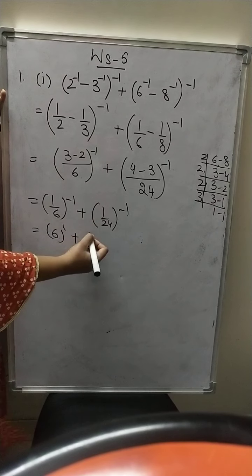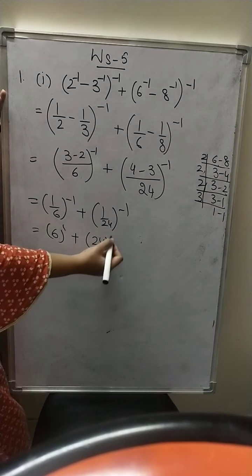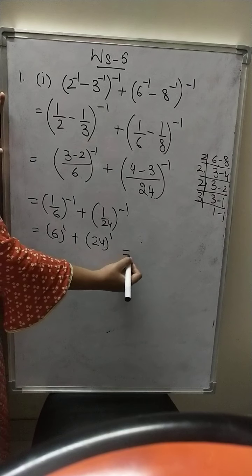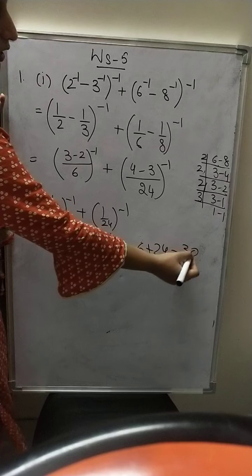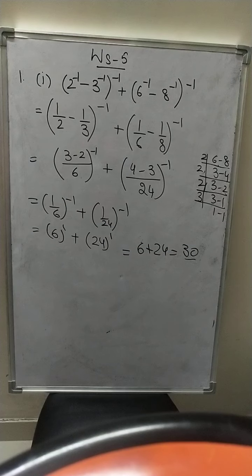Again 1 upon 24, the reciprocal will be 24, the power will be 1. So I get 6 plus 24, that is equal to 100. So what is the answer of 6 plus 24, the answer is 30. So what is the answer of the first part, children? I am getting the answer as 30. Easy. What we have to remember, negative power means the reciprocal. Okay.